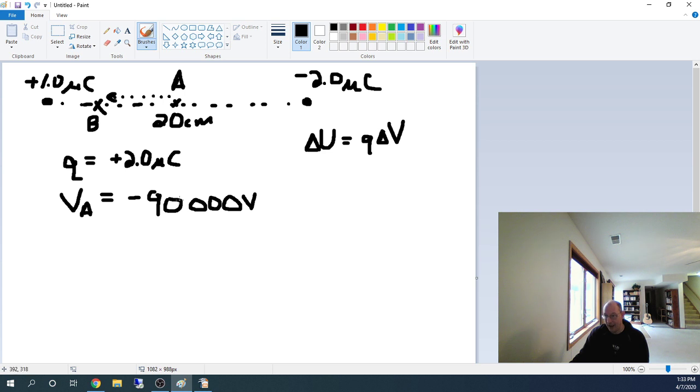It starts out at negative 90,000 volts, and as it moves to point B, that voltage is going to change. Okay? And we're going to find out by how much. If I multiply the charge, that's going to equal the change in the electrical potential energy in having that 2 microcoulomb charge move from point A to point B.